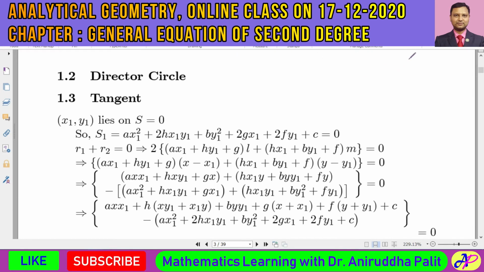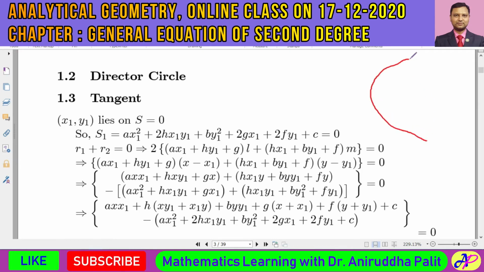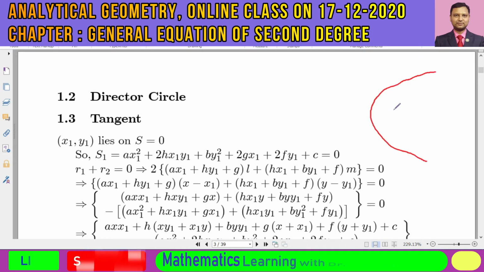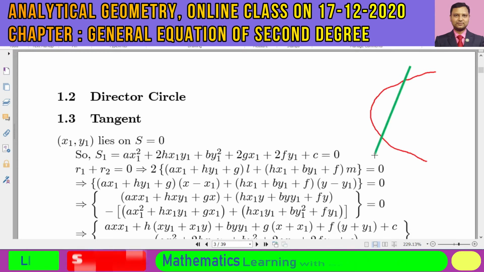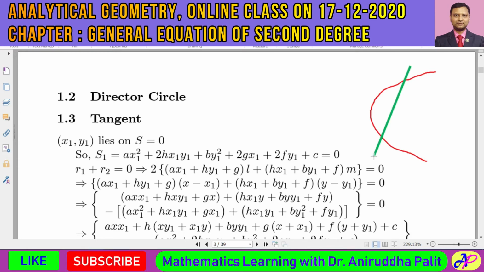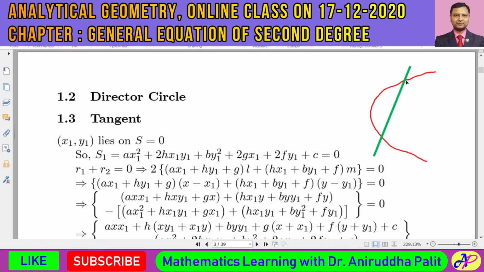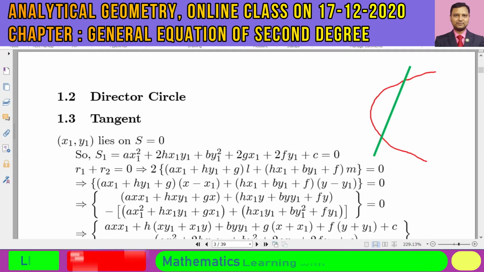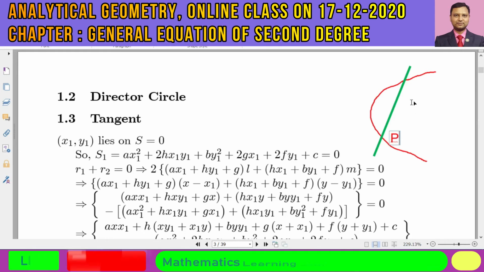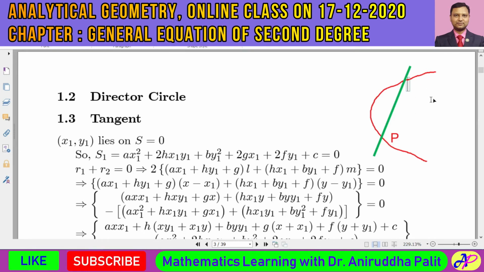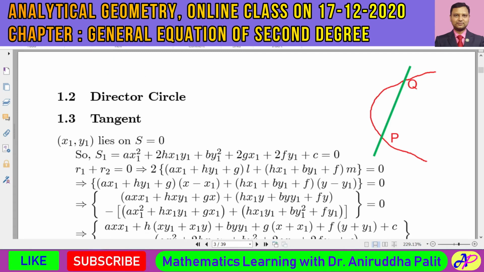Suppose this is the curve, and firstly, in order to draw a tangent, we need to have these two kind of points. One point would be this kind of point P, another would be this kind of point Q. Okay, so we should have these two kind of points.